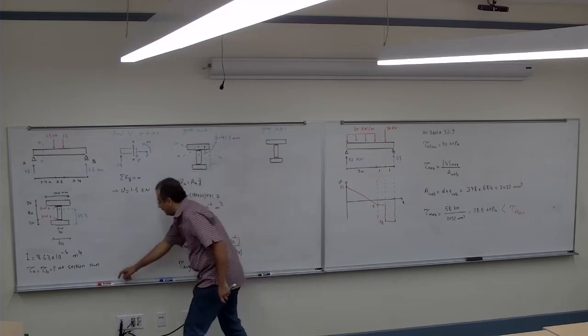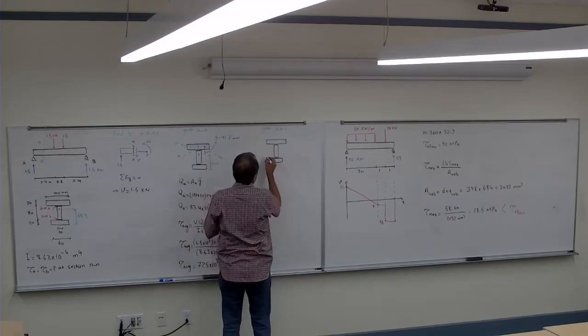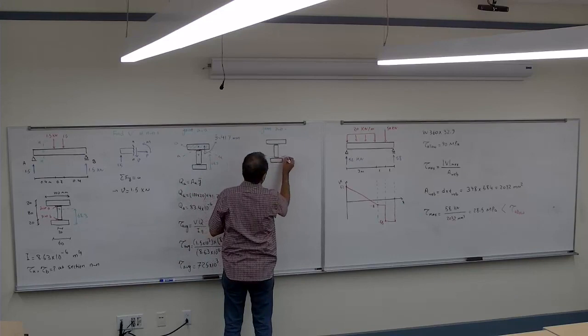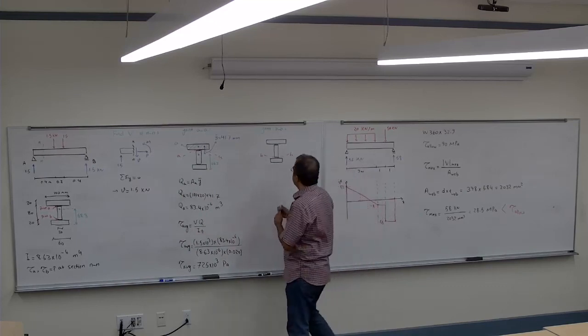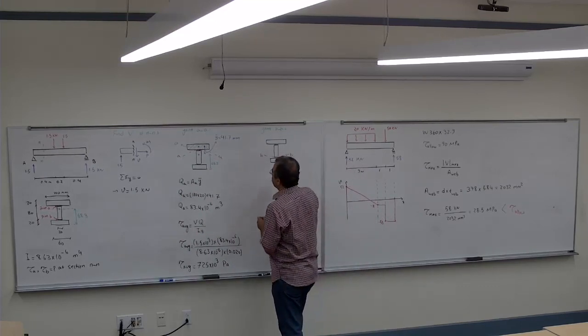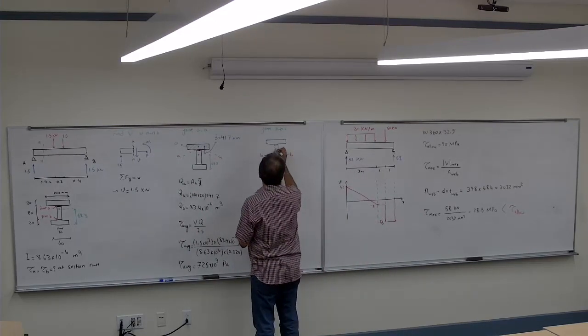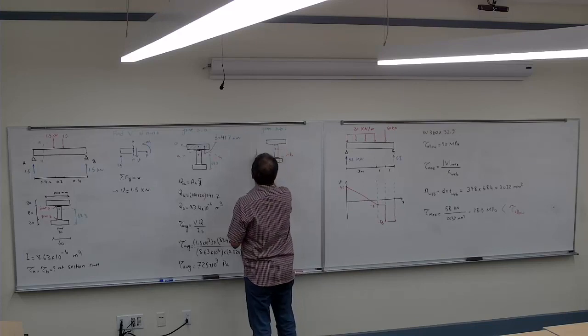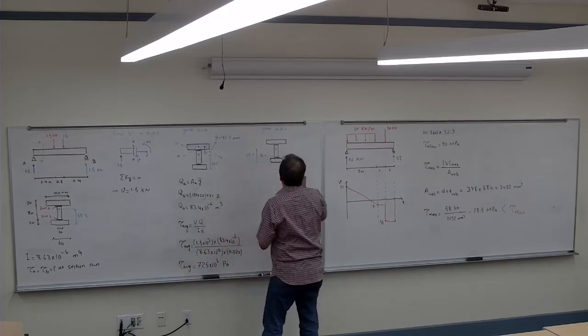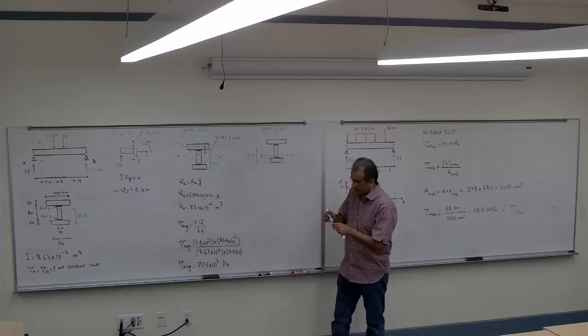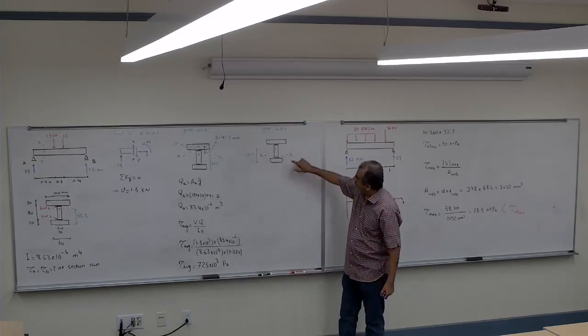And this time the BB is here, so I'm gonna cut it there. Again, the centroid is 68.3, and this time I need the Y.